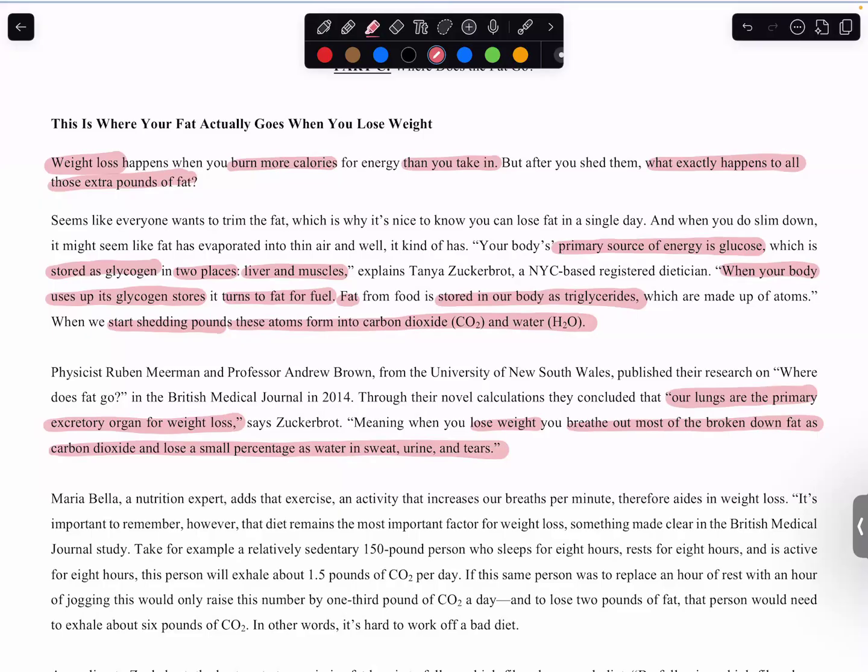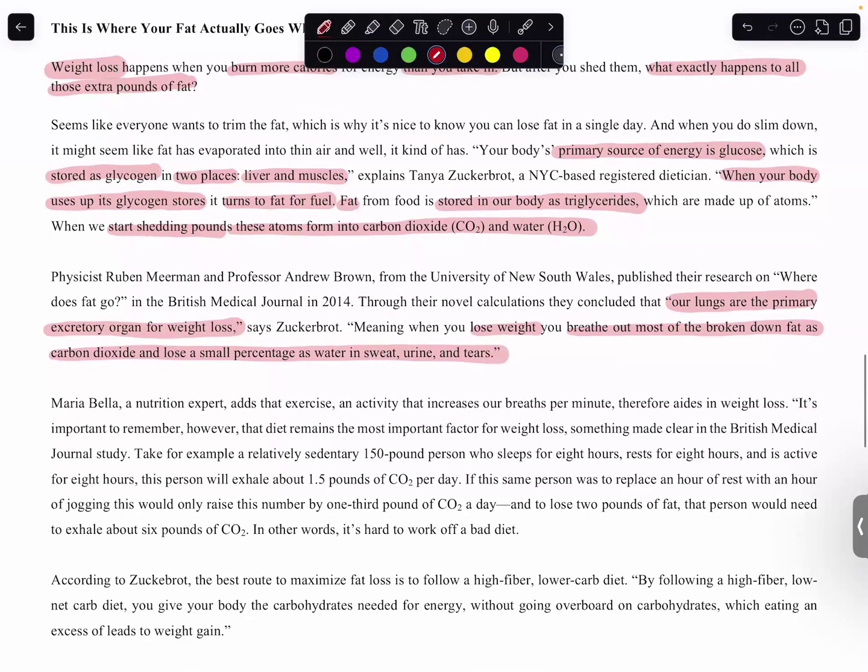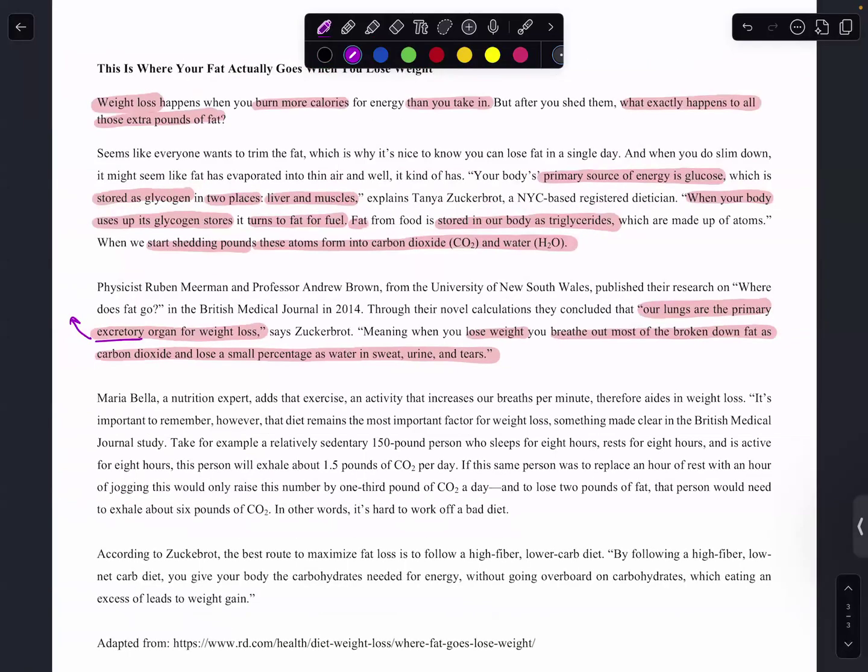Isn't that so interesting? But now we encountered a new vocabulary word, excretory, right? And when we're talking about excretory, we're talking about excretion, which means the removal of metabolic wastes from the body.